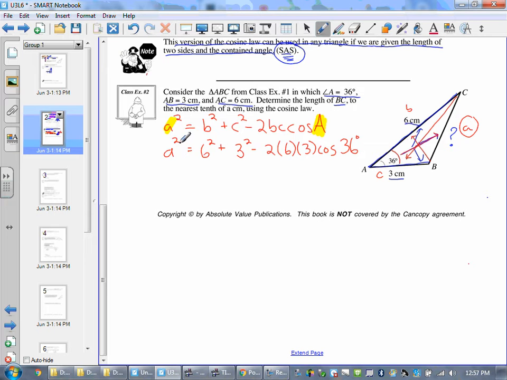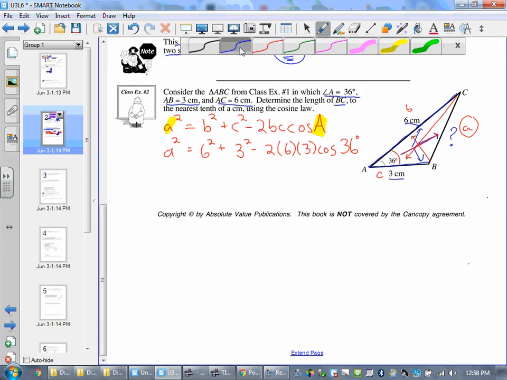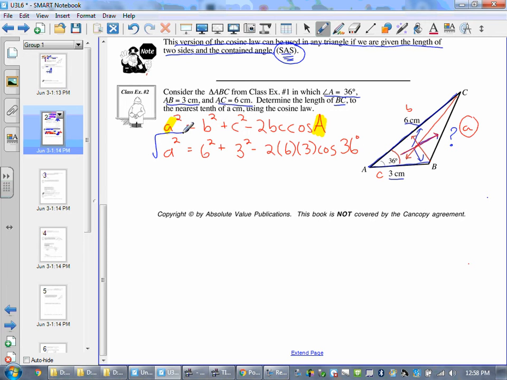Do we want to baby step this in our calculator or all in one go? All in one. Okay. So notice that this is what a squared equals. So what do we need to do? Square root everything. Could you just get the answer and then square root it? You can. So that's what I mean by baby stepping it. You could get the answer and then square root it at the end. What's your preference, kids? At the end. Okay.